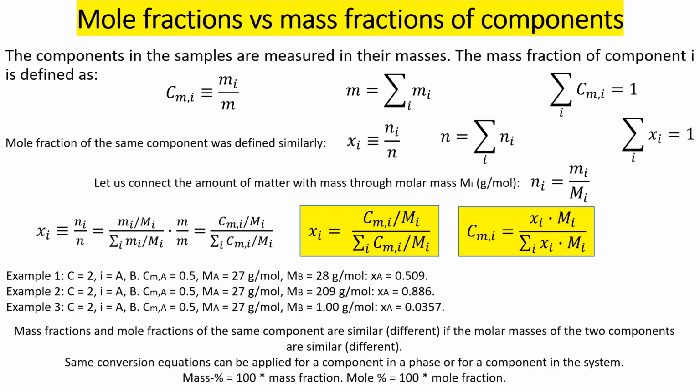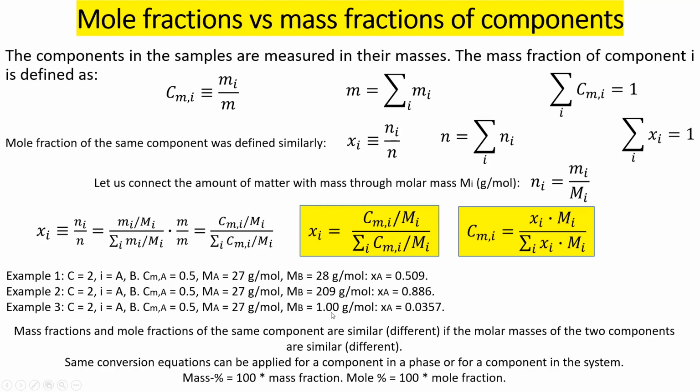To prove to you that it really matters how the atomic masses of the components differ, let me show you the second example. Here I deliberately select the heaviest component, bismuth, with its atomic mass of 209 gram per mole. And if I substitute, I find that Xa is now 0.886, which is much larger compared to 0.5. And this is because this time the atomic masses are quite different.